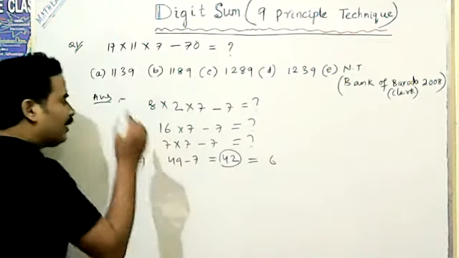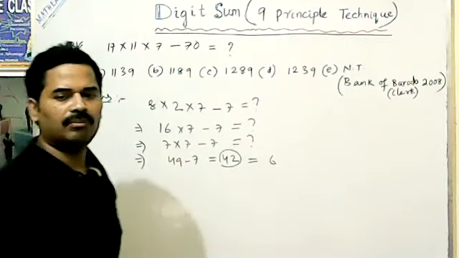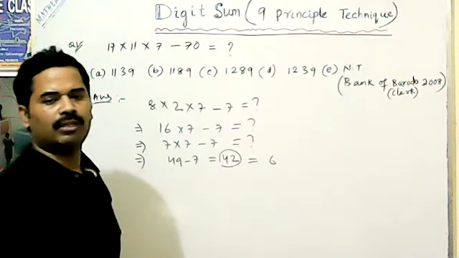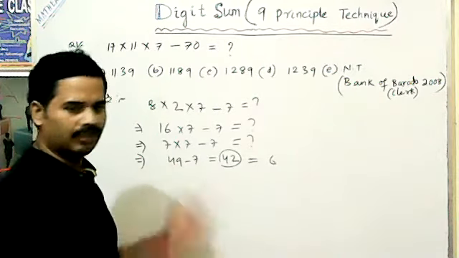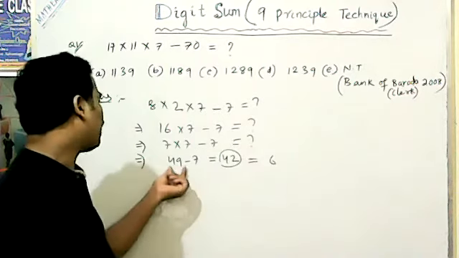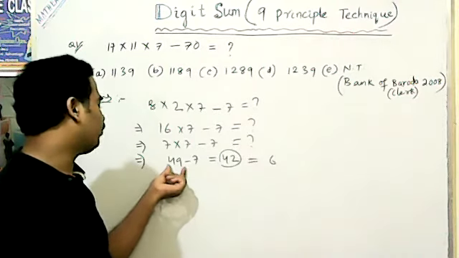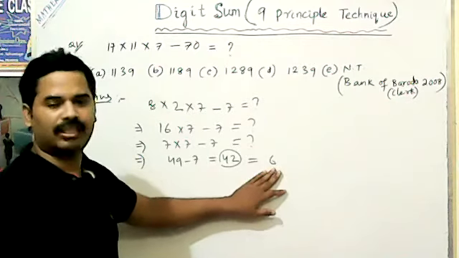Whatever two-digit number comes, you add its digits one by one, and finally 6 comes.